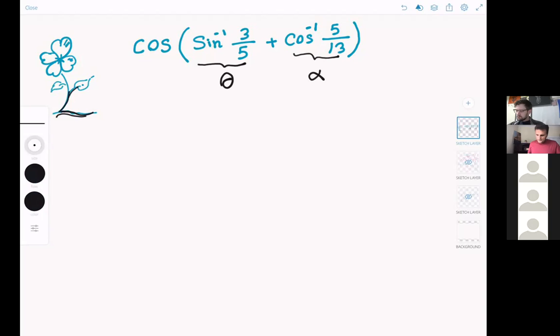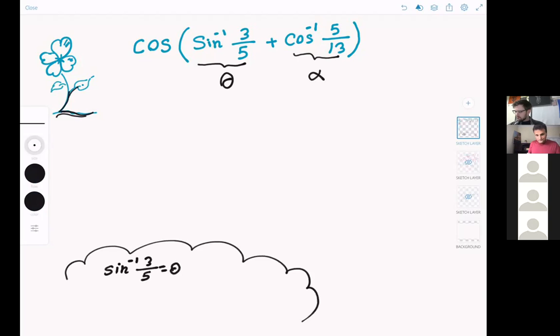Somewhere on your notes, you're going to write that sine inverse of 3/5 equals theta. This means sine of theta equals 3/5.